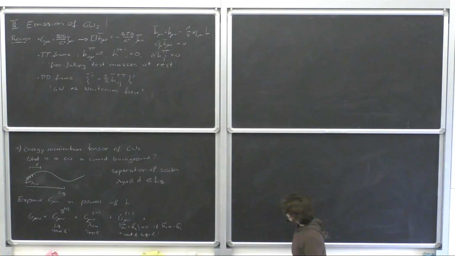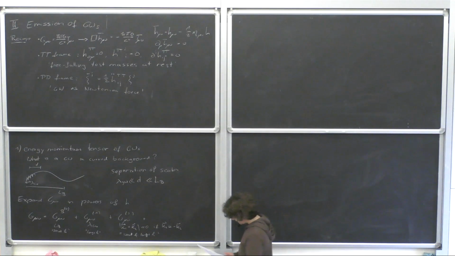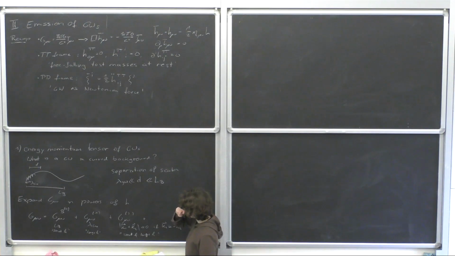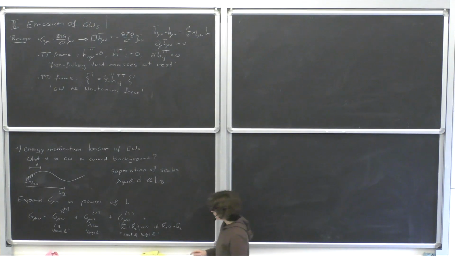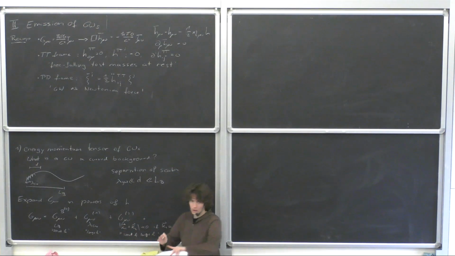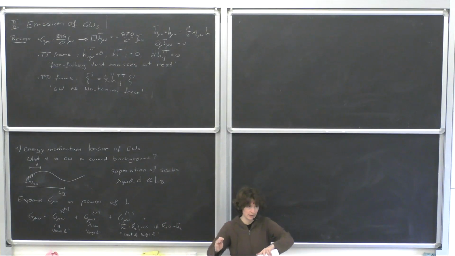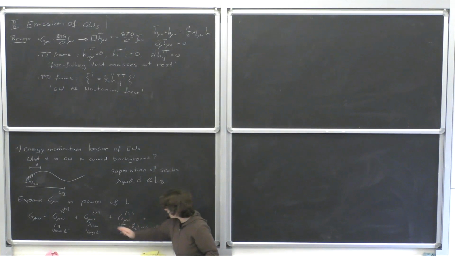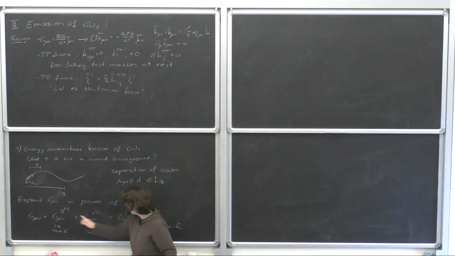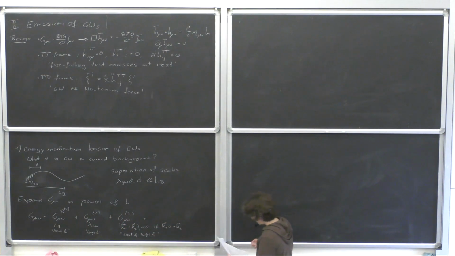So what we'll do now, because we want to understand this question of the energy momentum tensor, we're going to look here at the large length scale, so the small k part of this expansion, right? So the background and part of this. Okay.